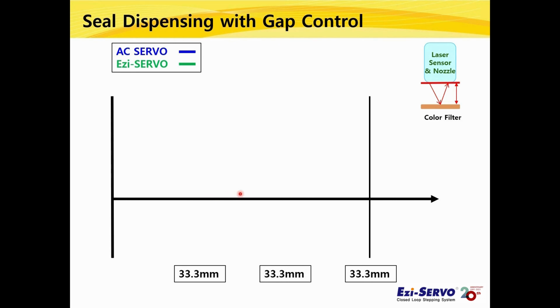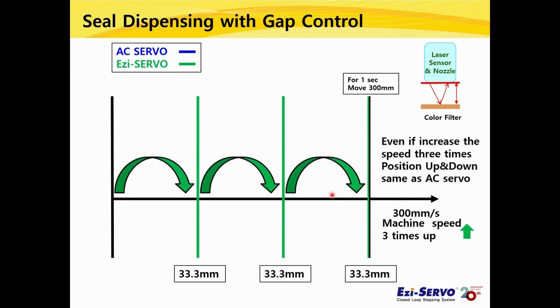So, what happens if you increase the speed to 300 mm per second, that is, triple the dispensing speed? Because Ezi-SERVO does up and down 9 times, as a result, it will correct the position the same as the AC servo did 3 times.